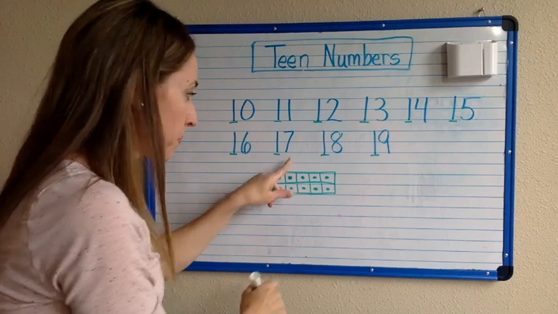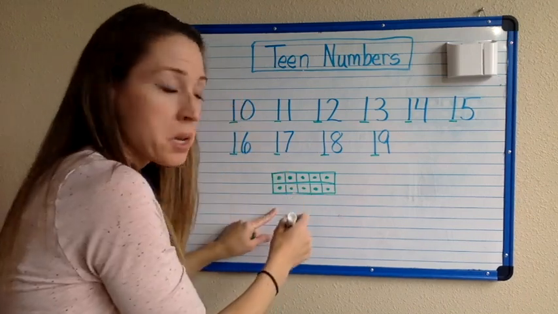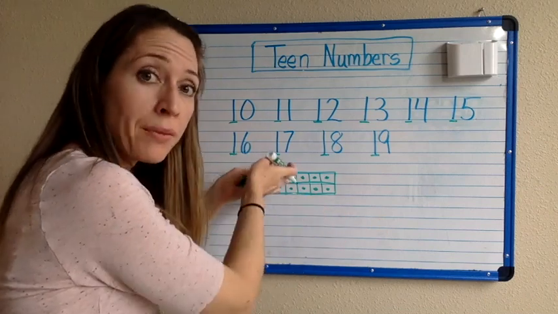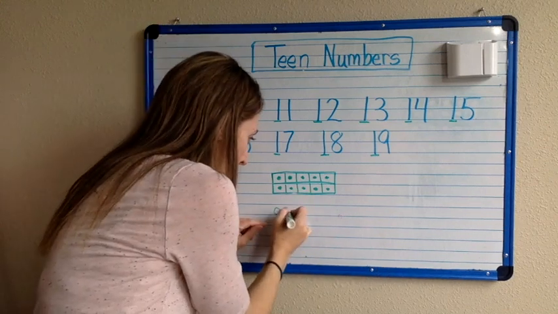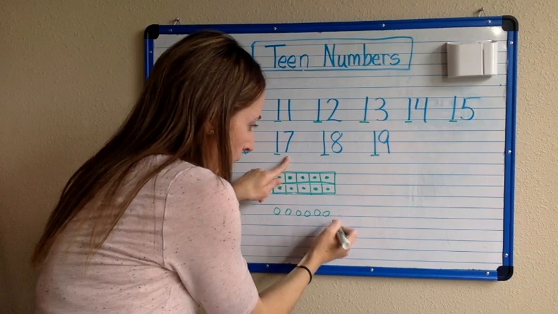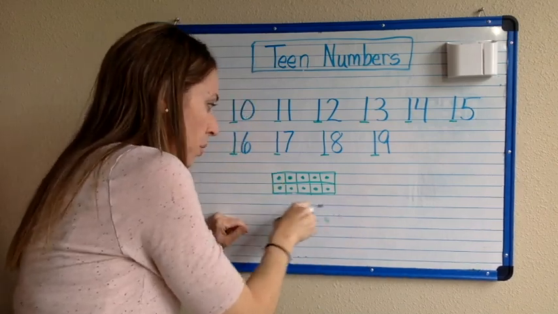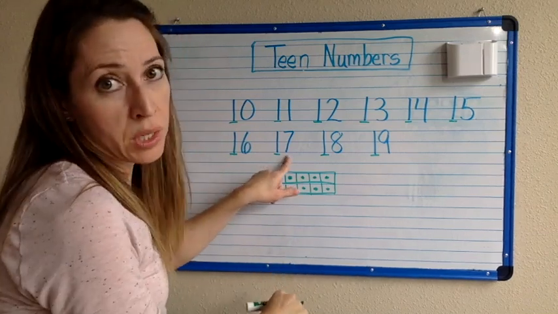Now my ones. They're not going to fit up here. Okay, I just colored that in. They're not going to fit up here because all the spots are taken in my 10 frame. So I have to go outside of my 10 frame to show my ones. 1, 2, 3, 4, 5, 6. Whoops, hold on a second. I'm really kind of sloppy. Let me do that over. And you know, I started drawing these because I knew that the number 17 has 7 ones.